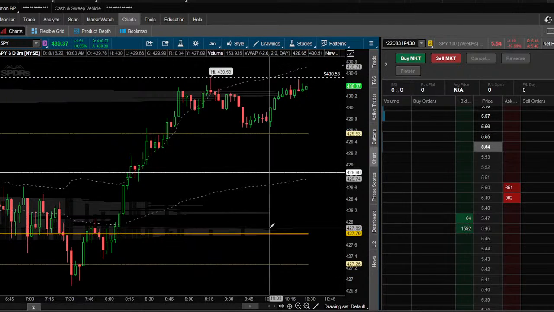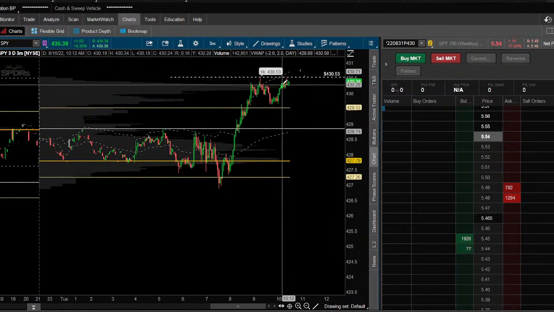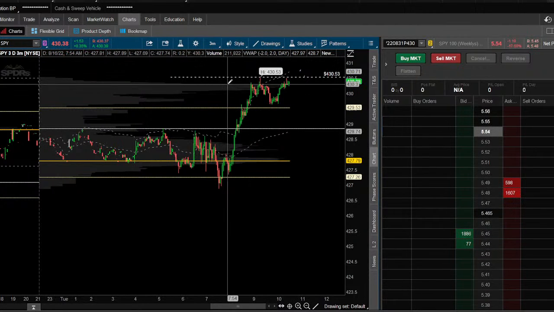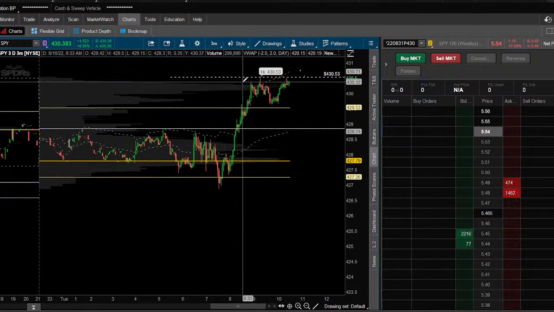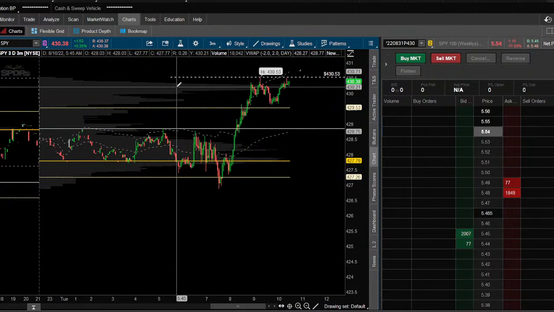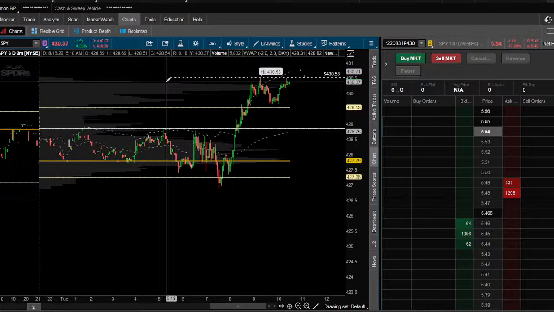So it was right here, the point of control throughout the day, but this could potentially now become the point of control, and it could stay here for a while because there's a lot of buying and selling here, and this could become an auction and become very choppy. Which now I gotta be careful when trying to short this.